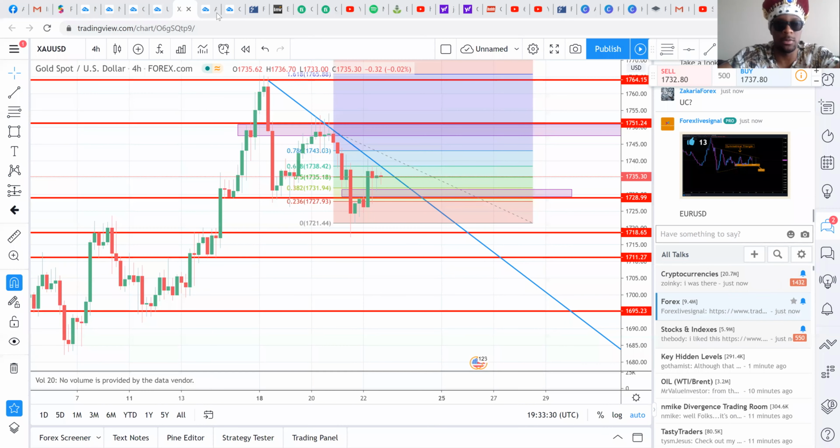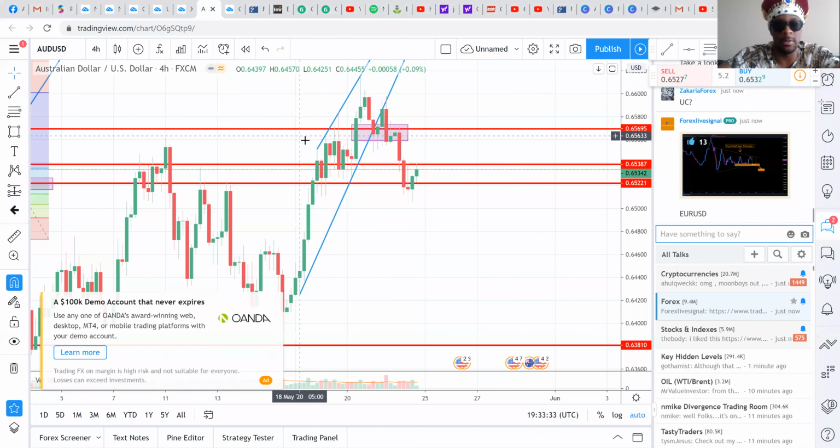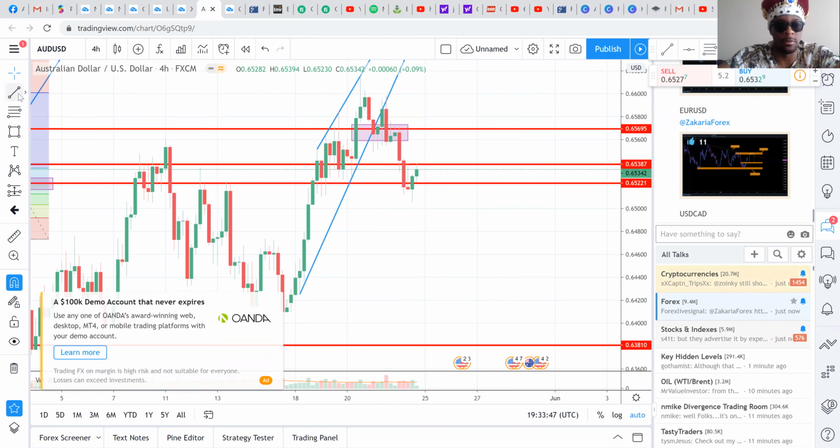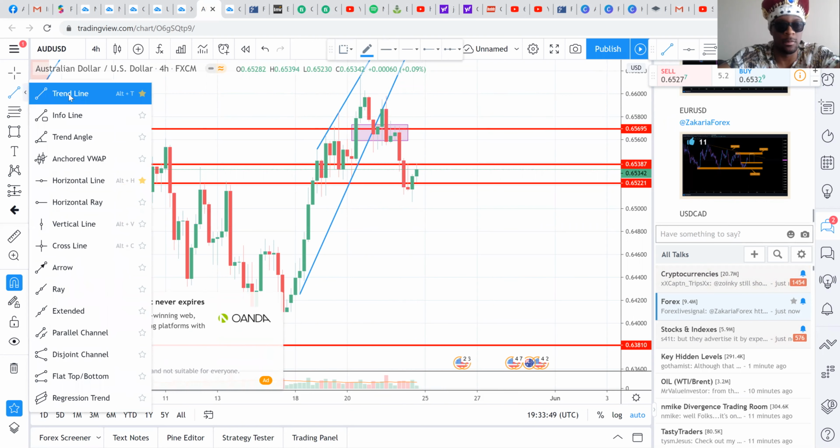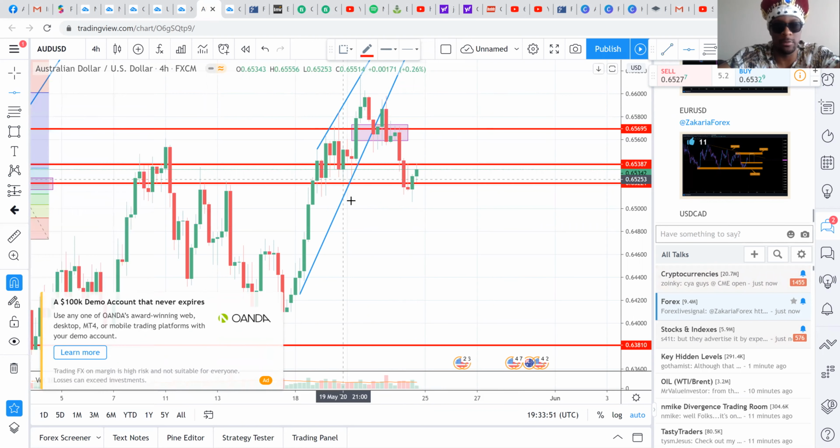And now let's go to good old AUD USD. This pair is clearly on a downtrend, but Monday is a holiday, so the USD pair is probably not moving as much. Let me draw my lines real quick.